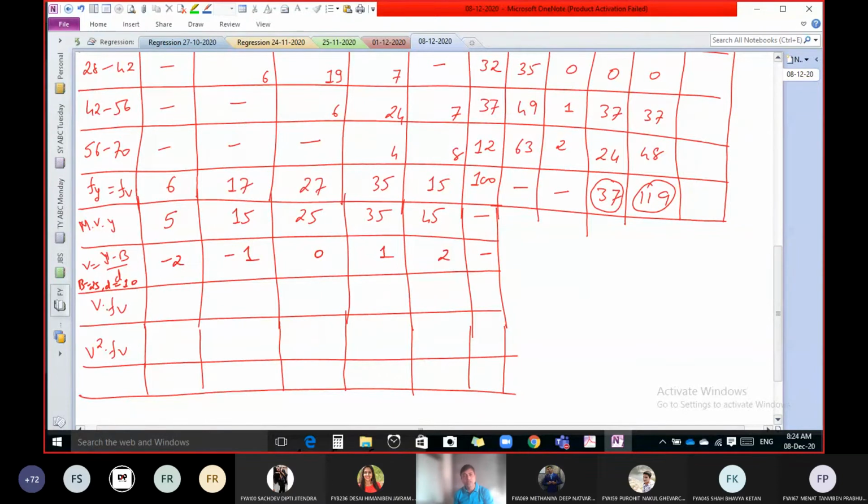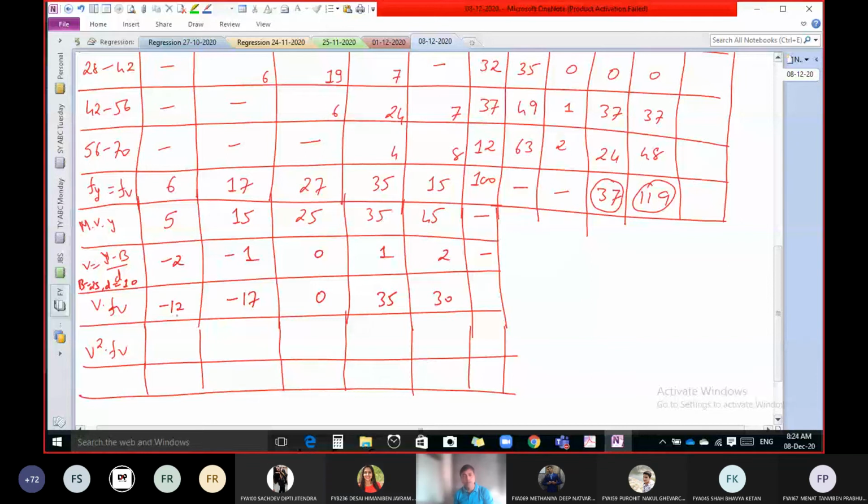Now our next step is v into fv. See, this is the value of v and this is the value of fv. Now tell me what we have to write here. Minus 2 into 6 is minus 12. Then minus 17, then 0, 0 into 27, 35 into 1, 35, and 15 into 2, 30.